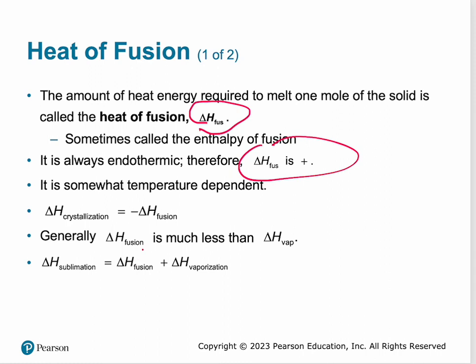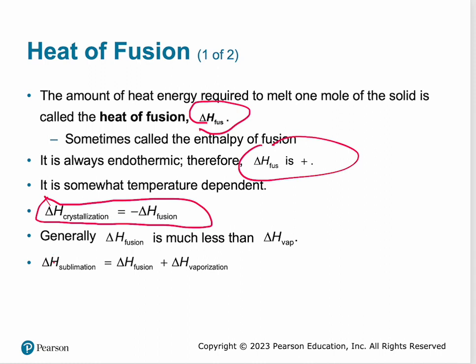Once the liquid forms crystals, or water forms ice, the enthalpy of crystallization is equal to delta H of fusion, but with a negative sign, because crystallization gives energy out.